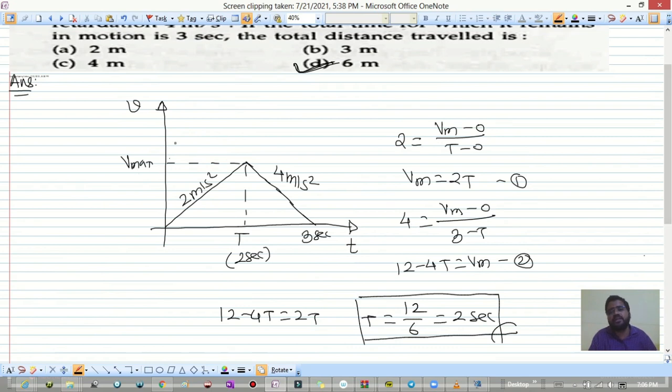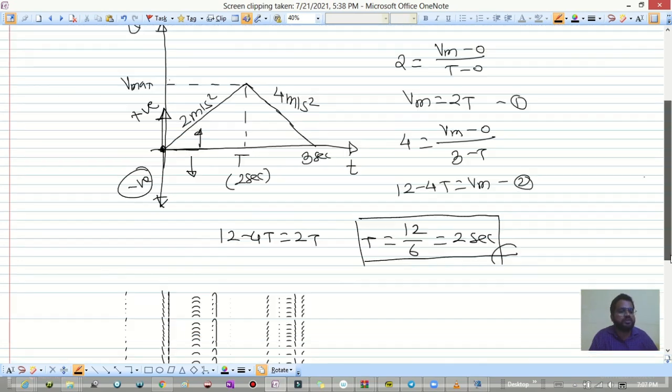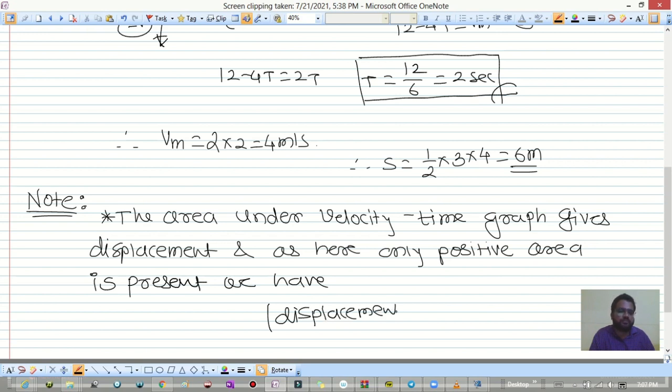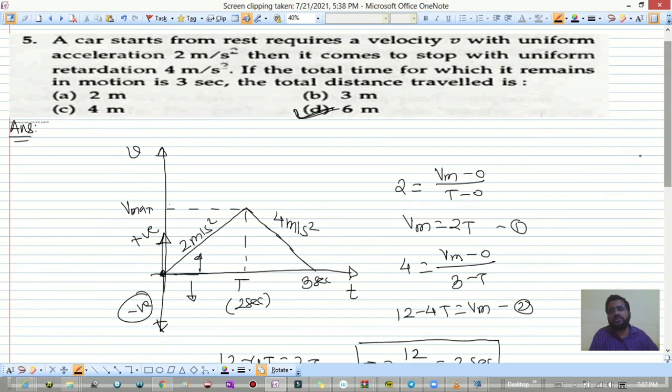Positive area indicates here V is positive in this direction, and V is negative in this direction. So whenever below the x-axis is negative, above is positive. So as over here only positive area is present, magnitude of displacement is equal to distance. So I hope this is clear now.